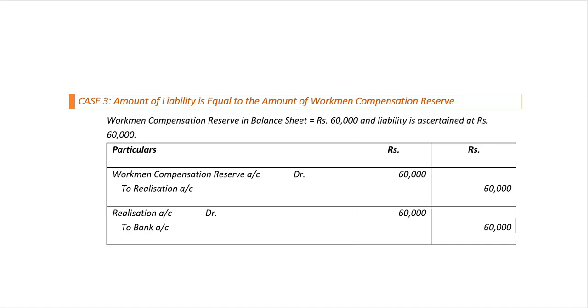Now in this case, we need to transfer the entire reserve to the credit of the realization account by passing the entry Workmen Compensation Reserve account debit rupees 60,000 to realization account rupees 60,000. Additionally, the liability of rupees 60,000 needs to be paid off by passing the entry realization account debit rupees 60,000 to bank account rupees 60,000.